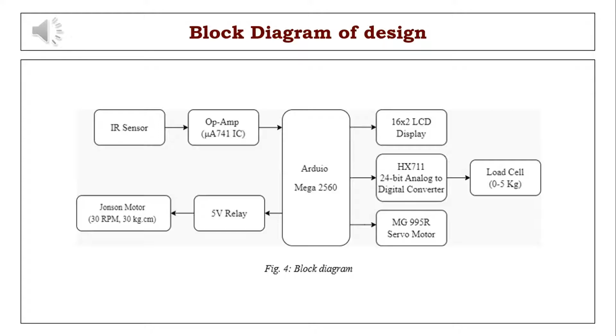HX711 receives and amplifies the voltage variations of the load cell, converts them to a 24-bit digital value, and sends the data to the Arduino board. 16x2 LCD displays various things. Johnson motor runs the conveyor belt. Servo motor rotates the weighing platform. Relay stops the main conveyor whenever required. Op-amp removes the erroneous output of the IR sensor.